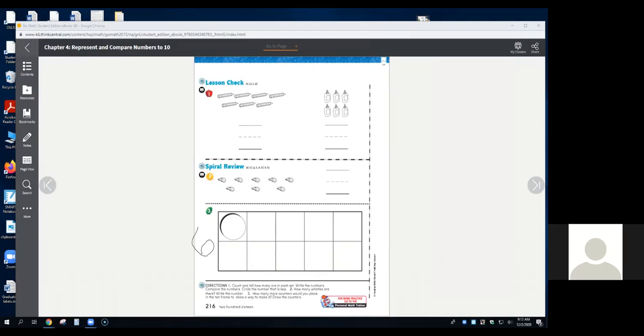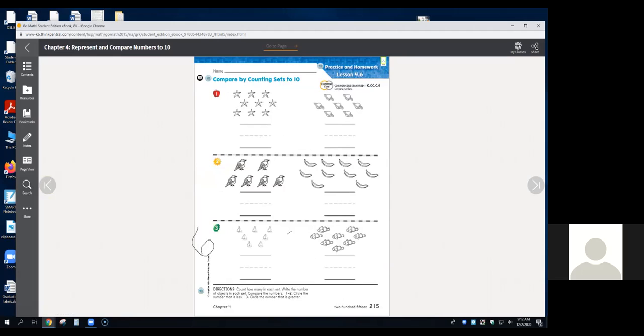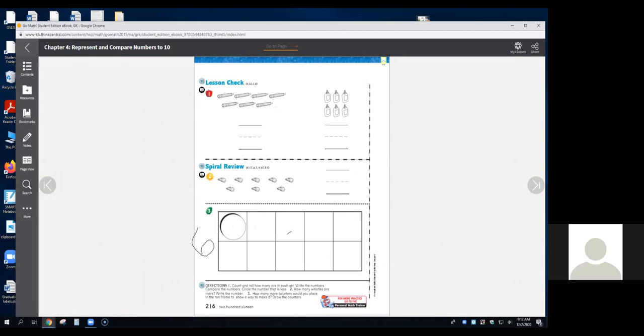How many more do you need to make 6, okay? And you're gonna go ahead and color those counters in. You need 6, no more than 6, and make sure you touch as you count, as you add them in, okay? And that is homework for you, okay? So page 215 and 216, okay? And it's everything that we've already learned today and in the past.